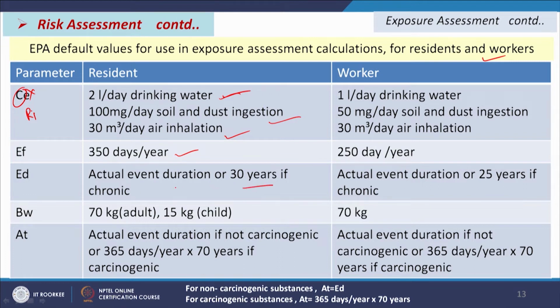If we want to consider chronic intake, then that will be 30 years, but for an actual event, that means for acute intake, it is the event duration. BW is 70 kg for adult and 50 kg for child, and AT is the actual event duration if not carcinogenic, or 365 days per year into 70 years.